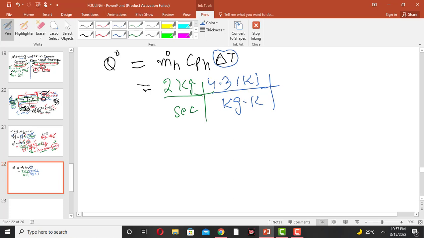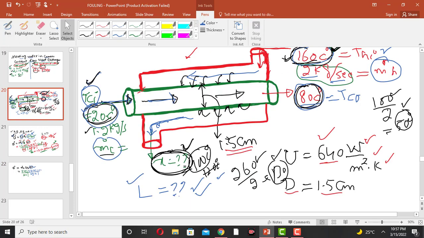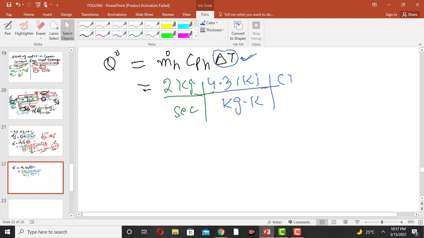And this is the temperature difference, which is unknown to us. The inlet temperature of the hot fluid is known to us, which is 160 degree centigrade, but the outlet temperature of the hot fluid is unknown. And this Q is known to us.